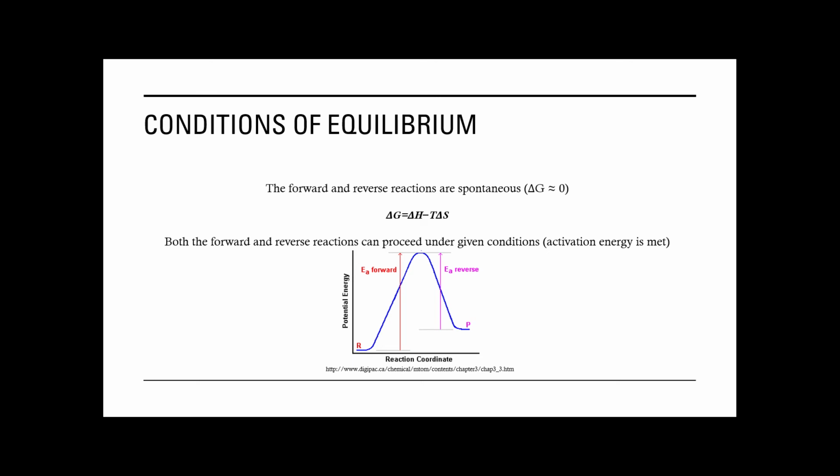And we can determine that using our delta G calculation that we learnt about from Module 4. What you'll also need is to ensure that both the forward and the reverse processes can actually happen, that they can actually proceed. And that means that the activation energy of both the reverse process and the forward process is being met.